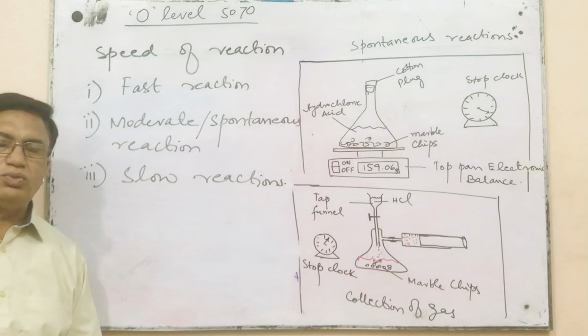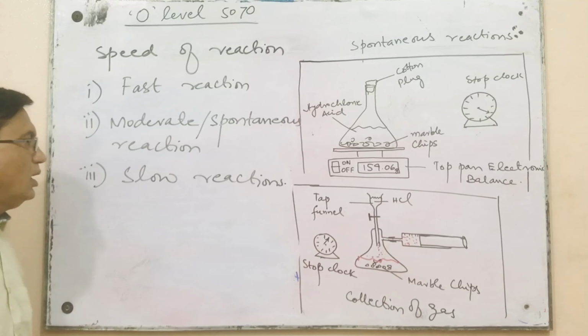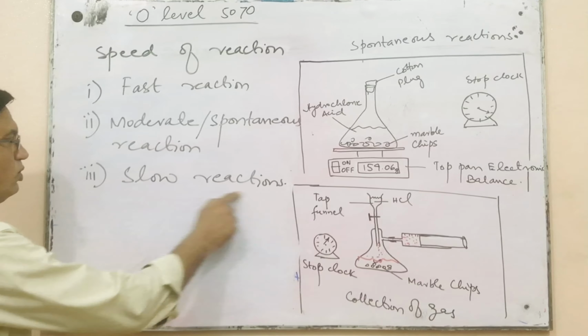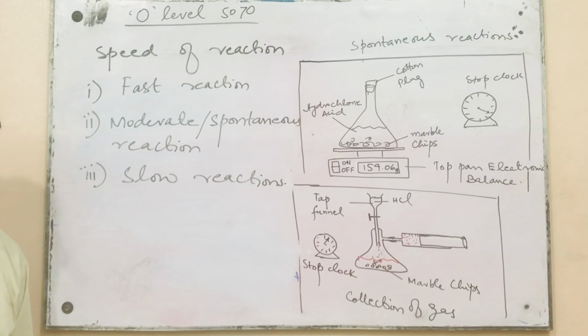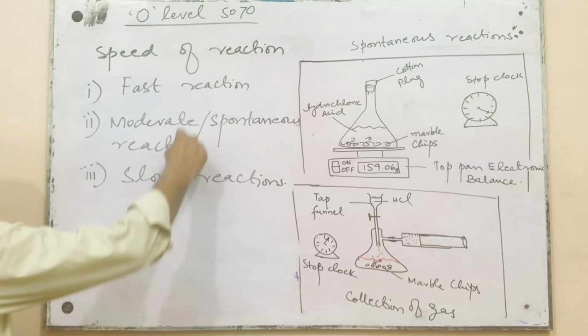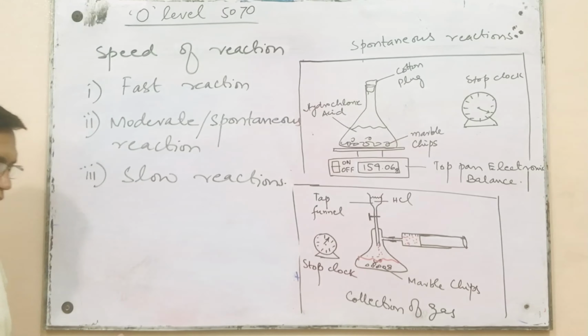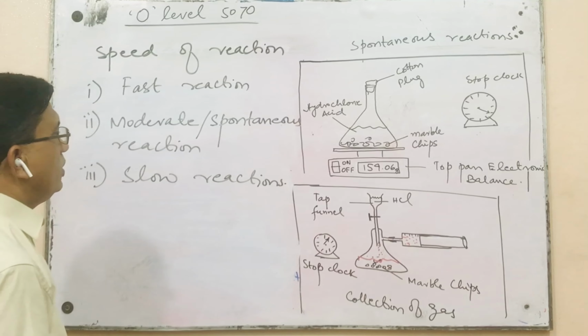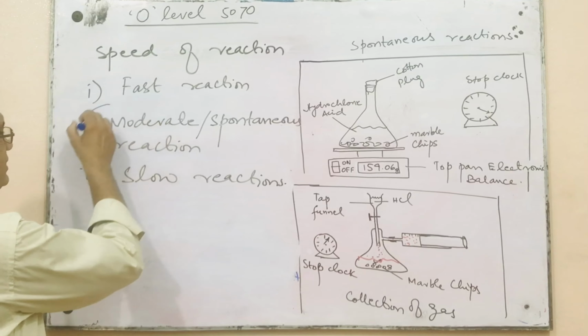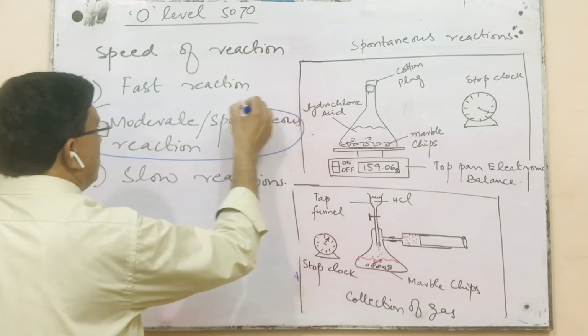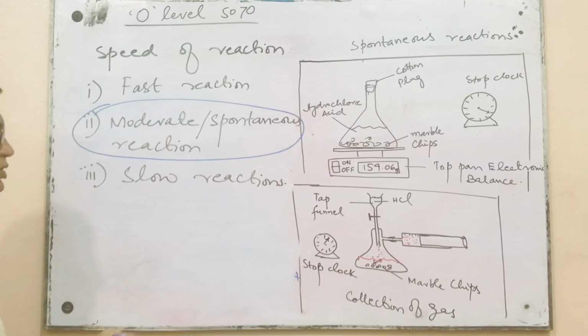This relates with the change in temperature. All these are examples of slow reactions. These are the three types of reaction. Now, basically, in this chapter, we have to discuss only the second type of reaction, moderate or spontaneous reaction.